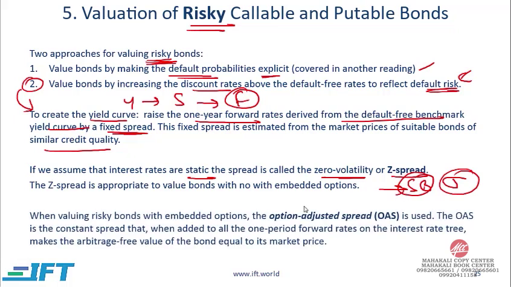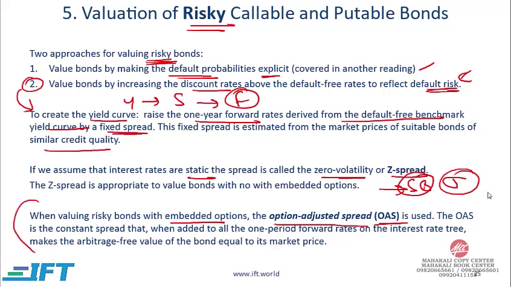However, if we do have risky bonds with embedded options, then we should use the option adjusted spread, or the OAS. The OAS is the constant spread that, when added to all the 1 period forward rates on the interest rate tree, makes the arbitrage free value of the bond equal to its market price.